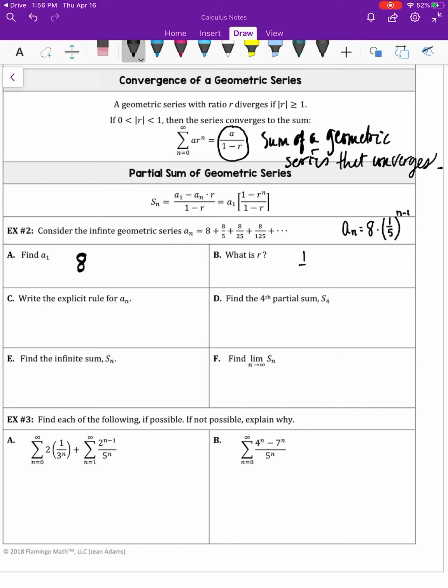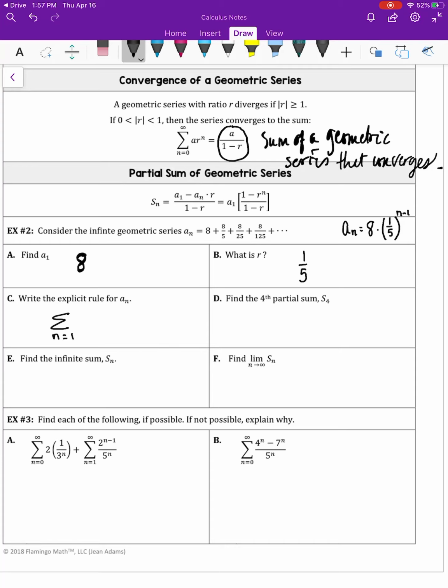Because for my a sub 1, this 1/5 did not show. So therefore, this would be your a sub n. So your r then is 1/5, because on the second term, it would be 8 fifths. On the third term, it's going to be 8 over 25.